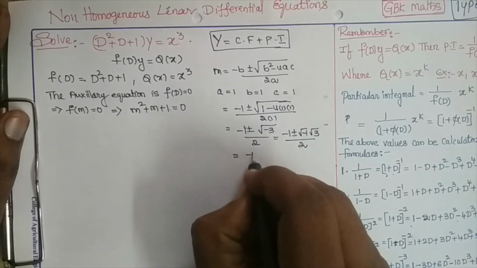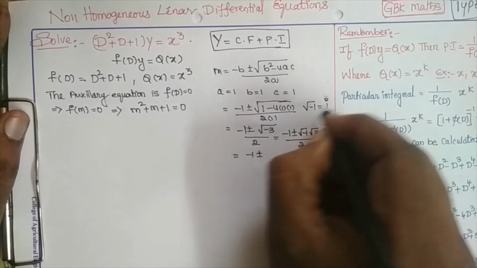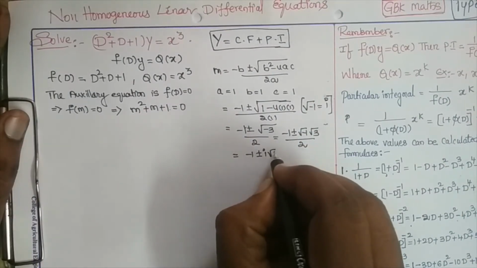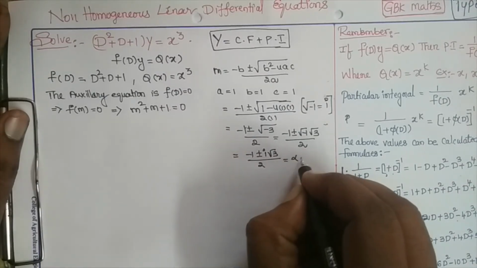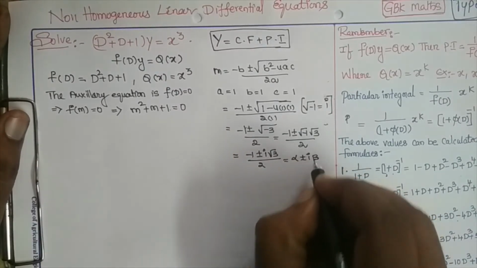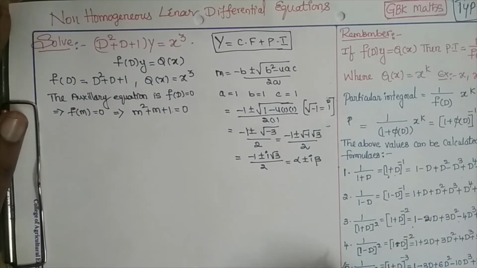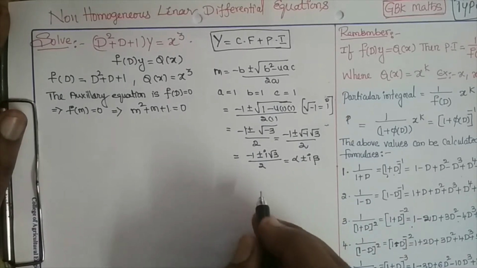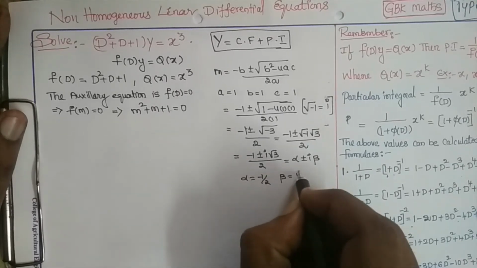So this is minus 1 plus or minus root of minus 1, which is i, into root 3 by 2, which is in the form of alpha plus or minus i beta. The general formula for the complementary function is e power alpha x into c1 cos beta x plus c2 sin beta x, where alpha is equal to minus 1 by 2 and beta is equal to root 3 by 2.